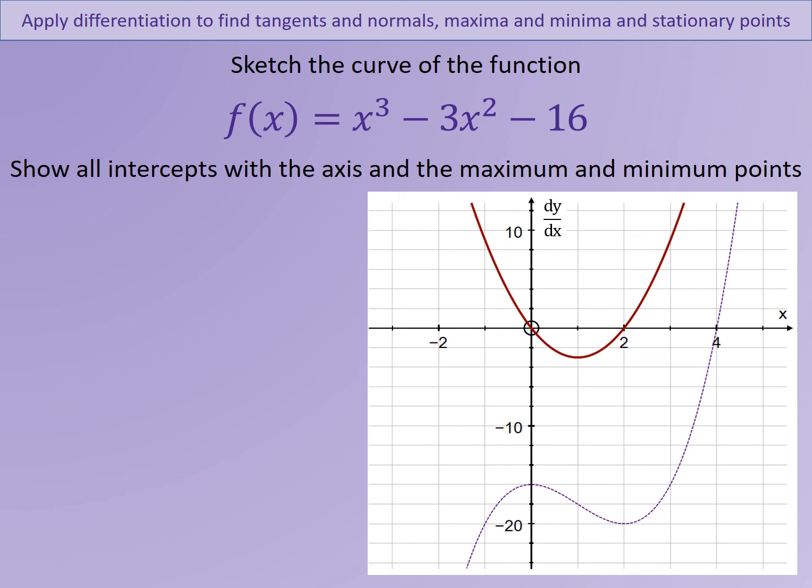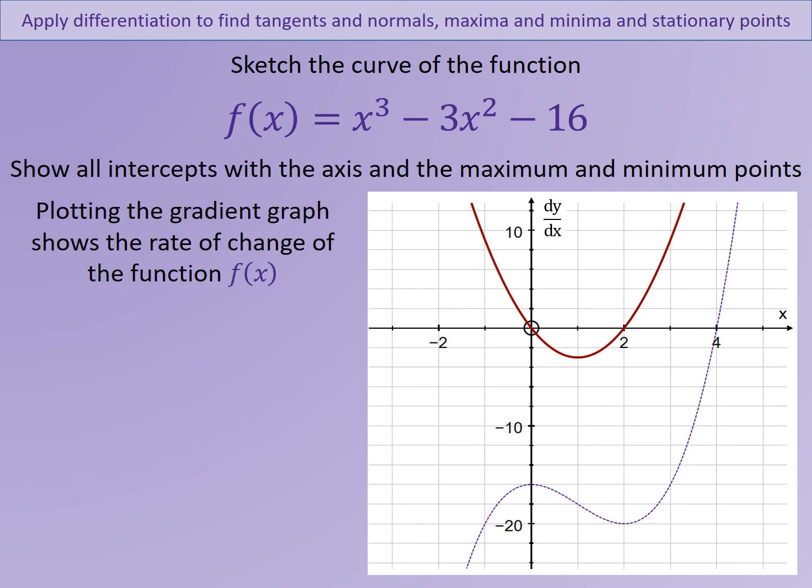The graph that has now been placed on top of the cubic is the gradient function. So I've plotted the gradient function for you to look at as well. So these are the values for the gradient at every single point along the original curve.